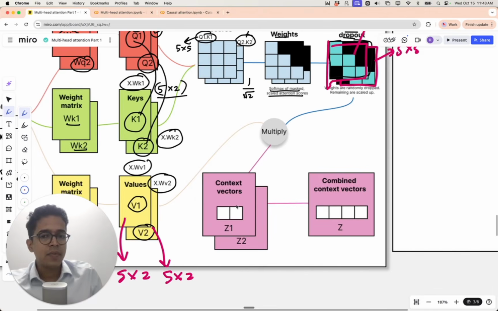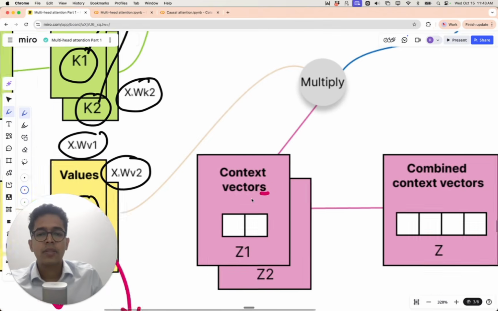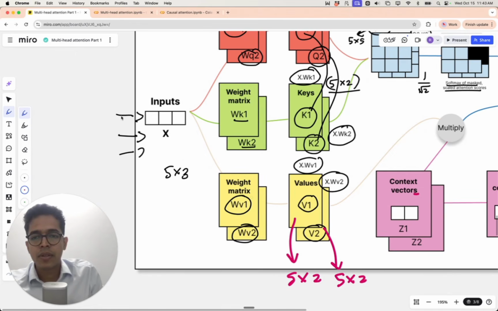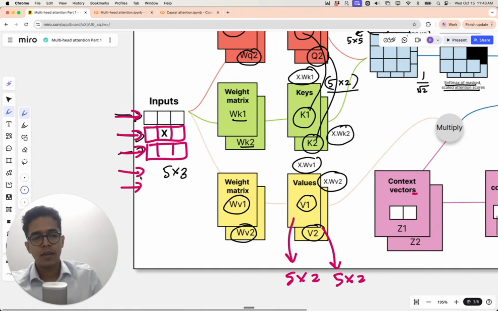It's not context vector, so if I write it as context vector, it is wrong, but these are context vectors. So this S is important. Why? Because if I had 5 input vectors, then each context vector matrix will have 5 vectors like this.